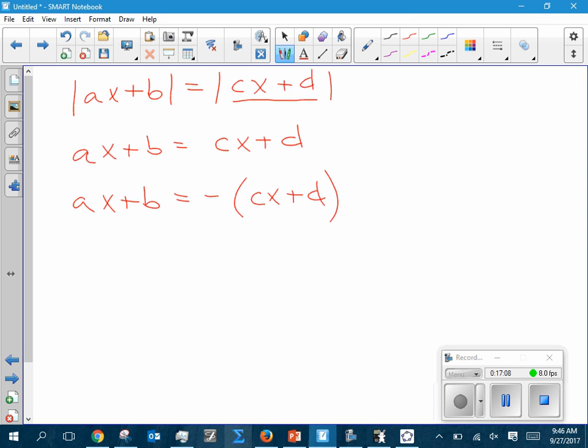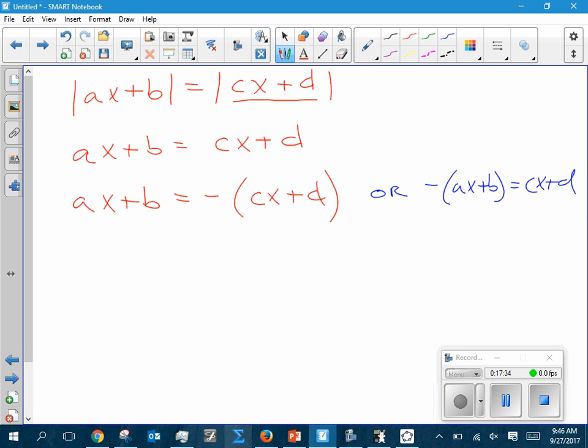Now, what happens with this one, I'm going to write this in blue. You could have done this, because it doesn't really matter on what side that negative gets multiplied. Could have done that, giving the same results that the first one did.